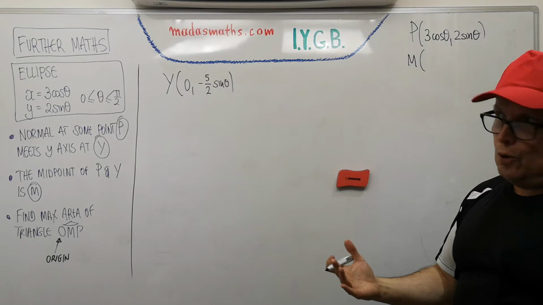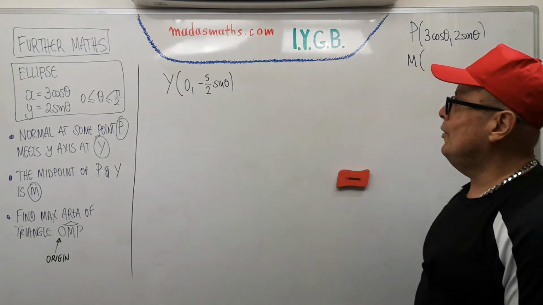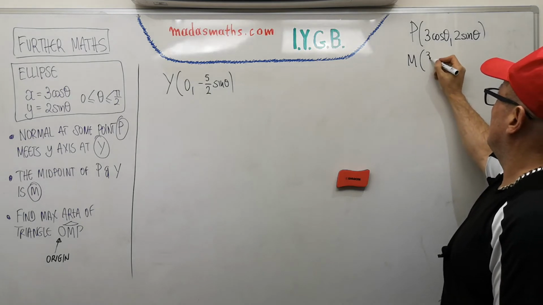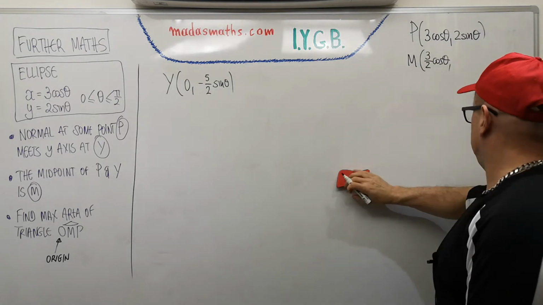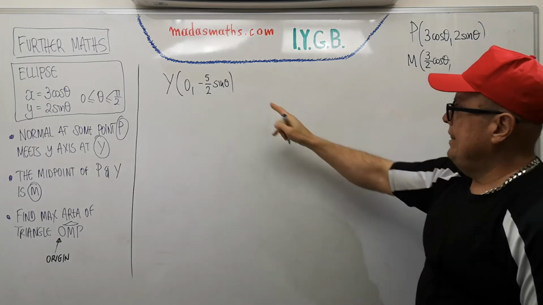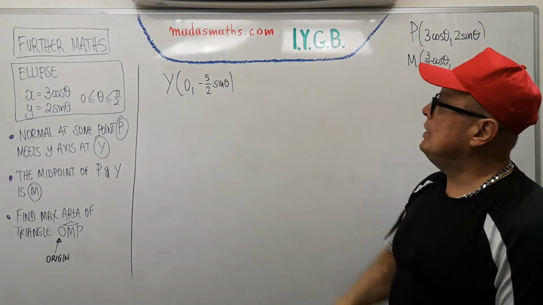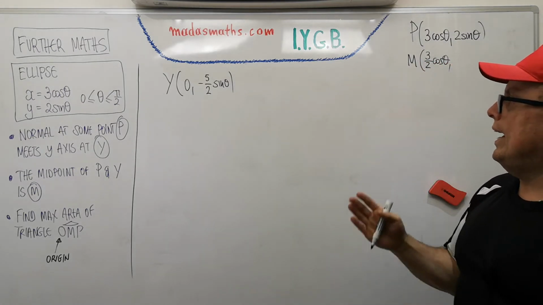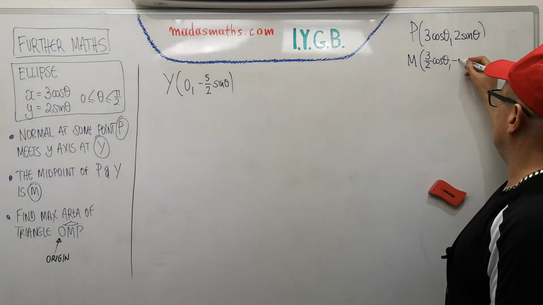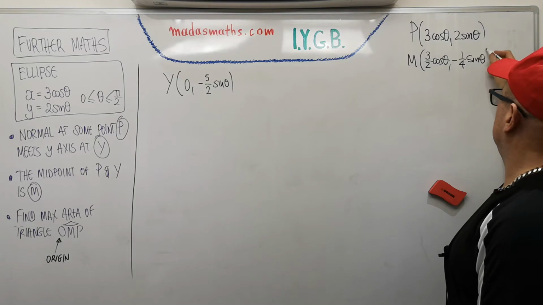It's the average of the x coordinates and the average of the y coordinates. 3 cos theta plus 0, take the average of that, is going to be 3 over 2 cos theta. And the average of that and that, add them together and divide by 2. So it's going to be minus a half sine theta when I add them. And when I divide by 2, I'm going to get minus a quarter sine theta.